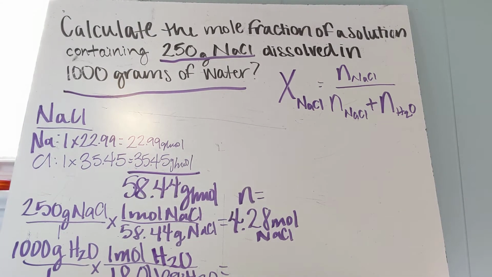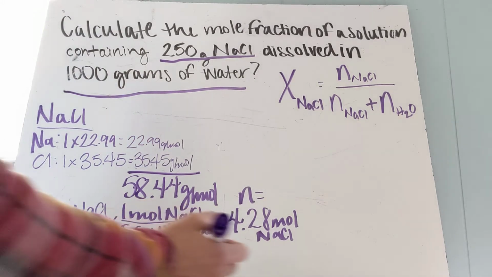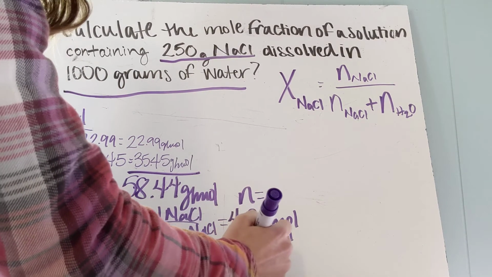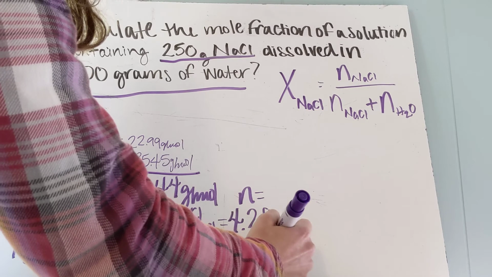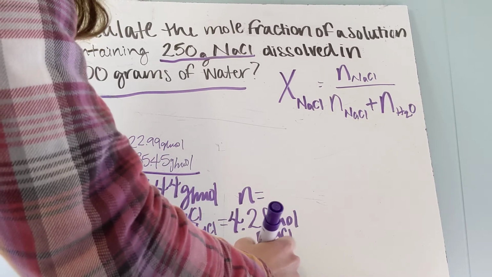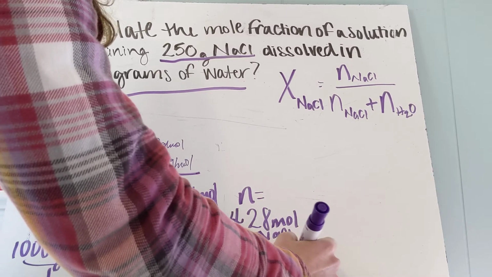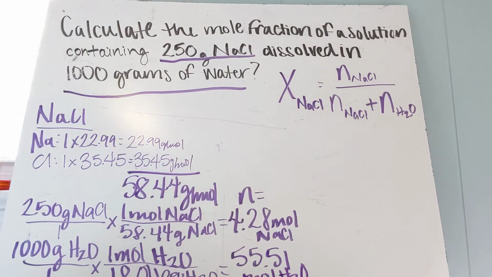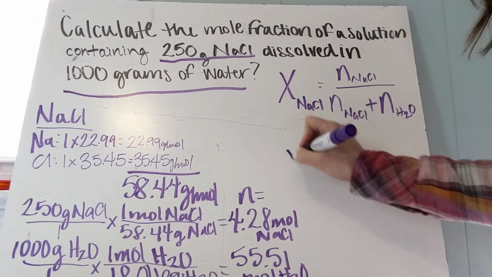So I do my 1,000 multiplied by 1 over 18.016, and I get 55.51 moles of H2O. Now all I need to do is plug those numbers in up here.